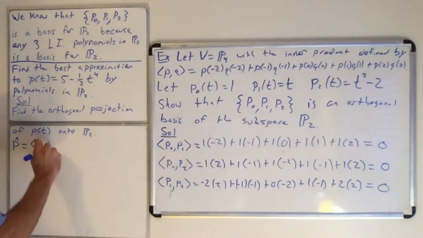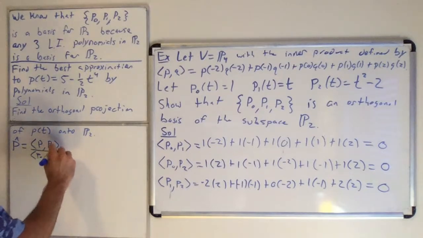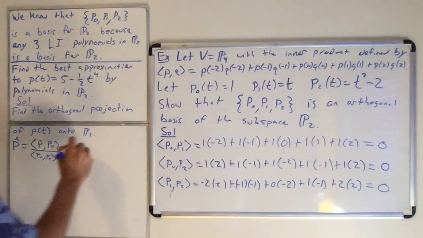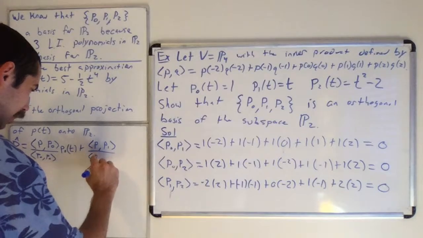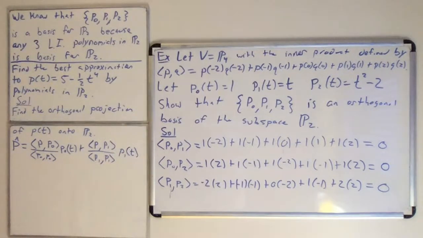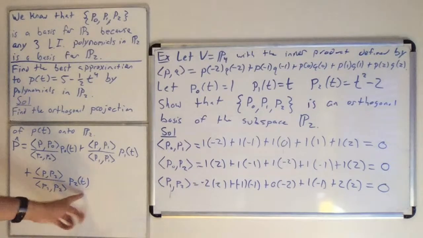It's P times P0 over P0 times P0, times the polynomial P0, plus P times P1 over P1 times P1, times the polynomial P1, plus P times P2 over P2 times P2, times the polynomial P2.